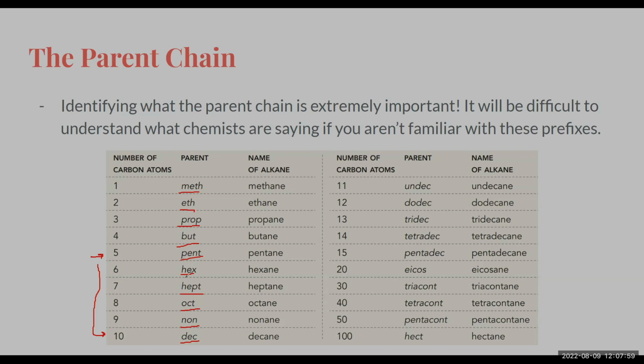So just pent, hex, hept, oct, non, and dec. Those just represent 5, 6, 7, 8, 9, and 10. The only difference is 1 through 4. We represent them differently. So instead, we'll do meth for 1, eth for 2, prop for 3, and but for 4. And then the alkanes that go along with them are methane, ethane, propane, and butane.